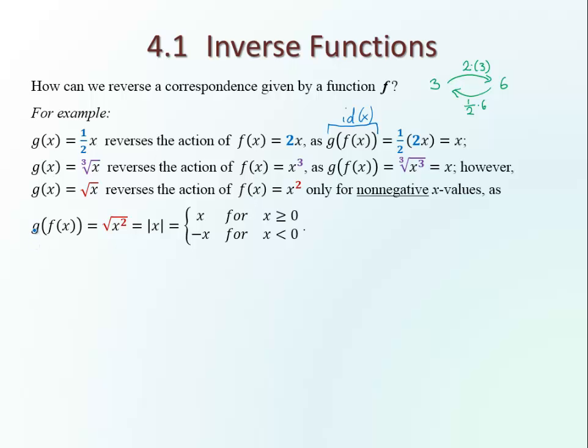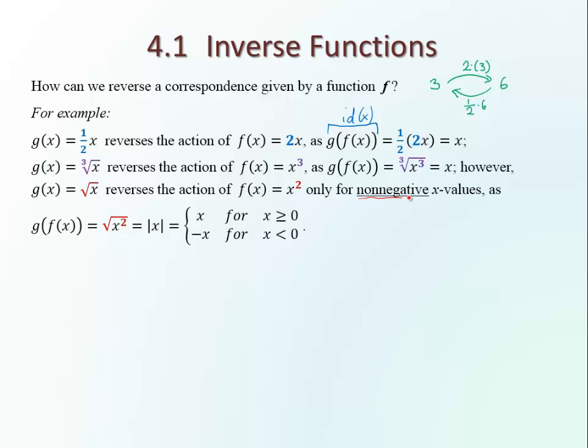And let's check again. The composition g of f is taking the square root of x squared, but as we remember, the square root of x squared is actually the absolute value of x, not x by itself, which means the absolute value states that it's either x for positive x's, or 0, or opposite to x for negative x's.